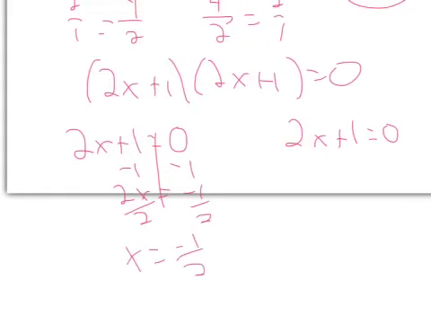These two equations are the exact same, so you're going to get the same answer. X equals negative 1/2, which means this graph would only touch the x-axis at negative 1/2. So to find the root of the quadratic, you want to factor completely, separate your binomials, set them equal to 0, and solve for x.